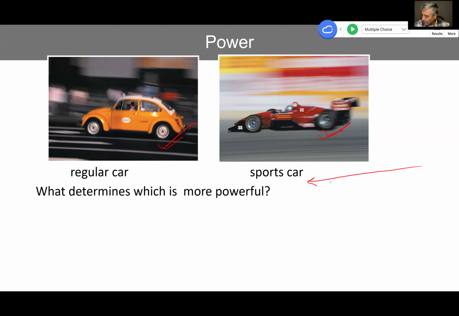So for example, when I'm lifting something up, right? From here all the way to here, I'm lifting this mass. So I'm doing work.